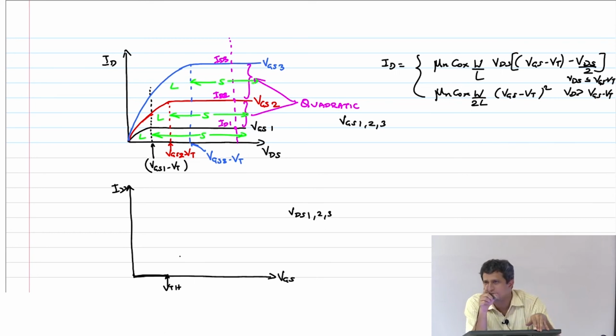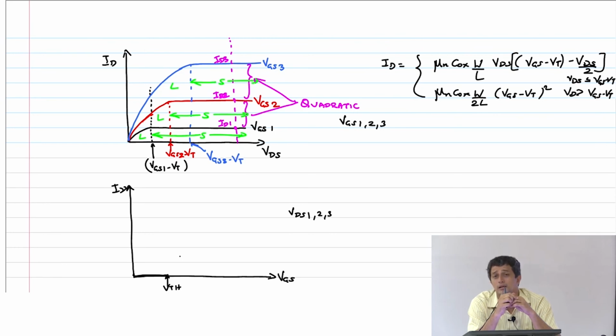And then as soon as my VGS exceeds the threshold voltage, if VDS is now fixed, in what region of operation will the transistor start? How does it matter? Let's say I have taken VDS to be some 100 millivolt, some small value. VGS just exceeds the threshold voltage.